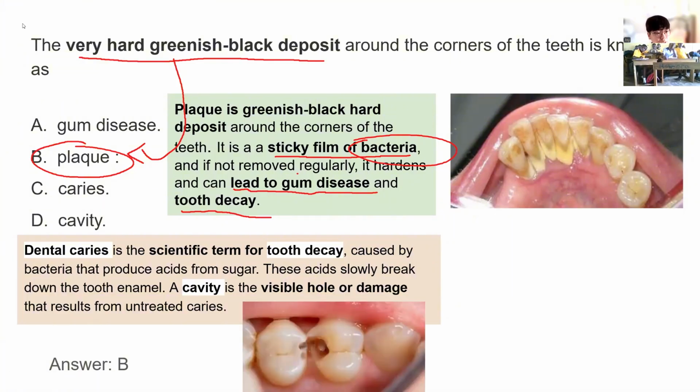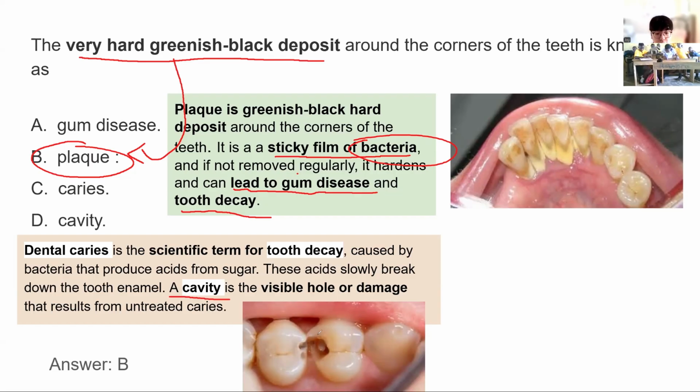But a dental caries, option C, caries, is a scientific term for tooth decay. You can just think of your tooth being kind of carved out like this. It is caused by bacteria that produce acids from sugar, and these acids slowly break down the tooth enamel, just the outer surface.